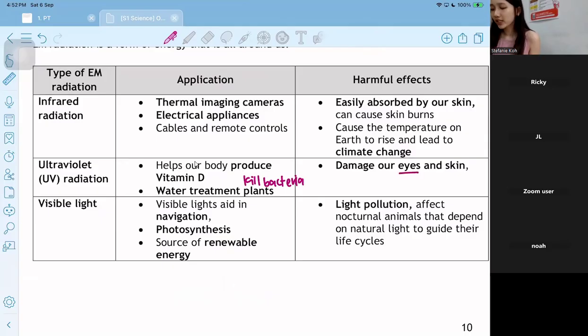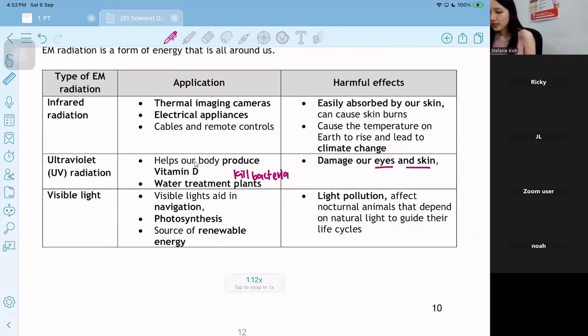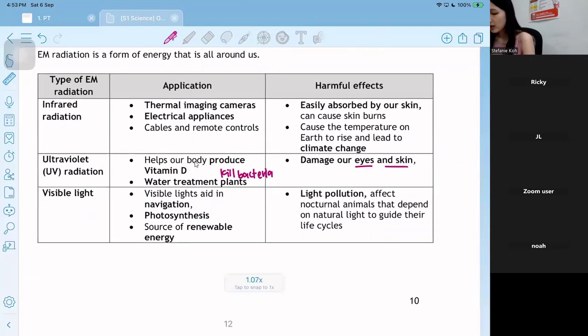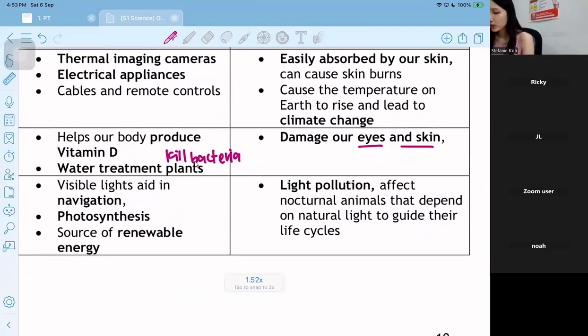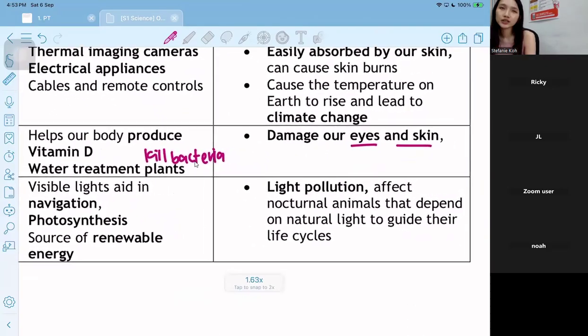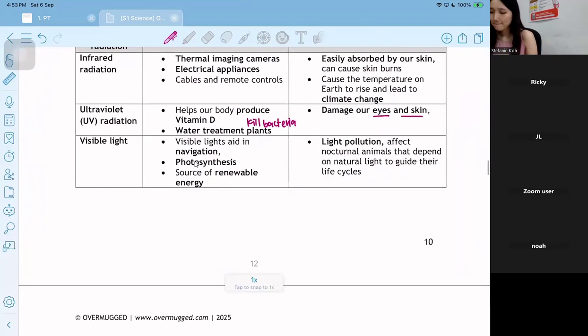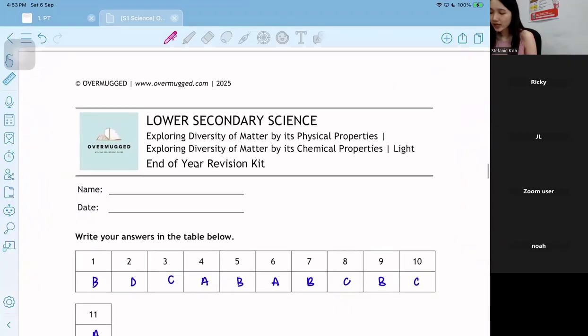So it damages your skin and your eyes, and can lead to skin cancer as well. The last one is visible light. Visible means you can see. It's the light that we can see. It's used for photosynthesis, etc. Harmful effects include light pollution for nocturnal animals. It affects their vision. So that's that. Okay, done.